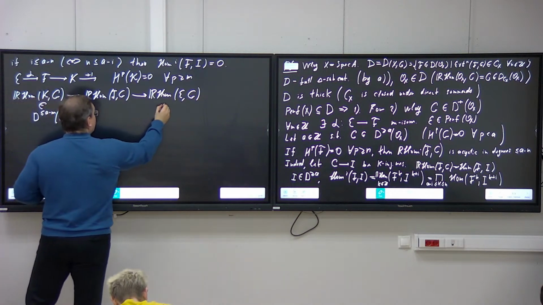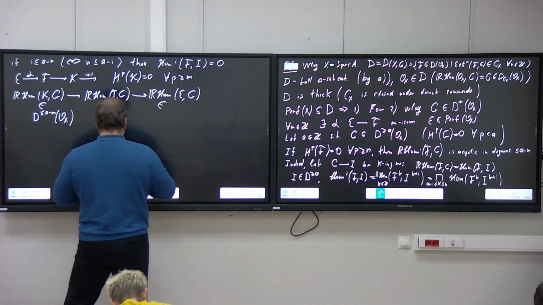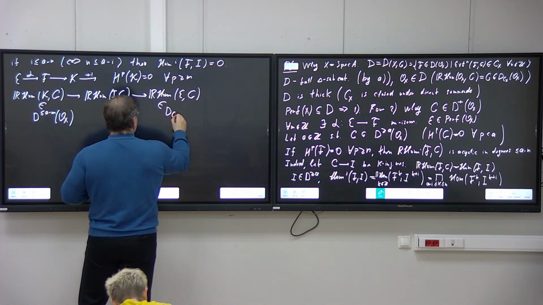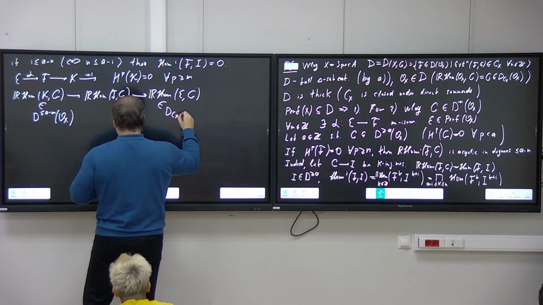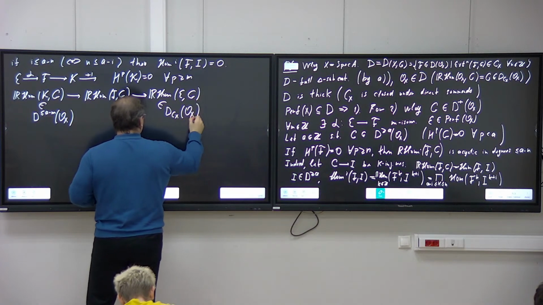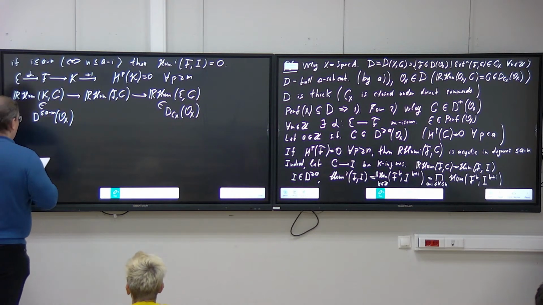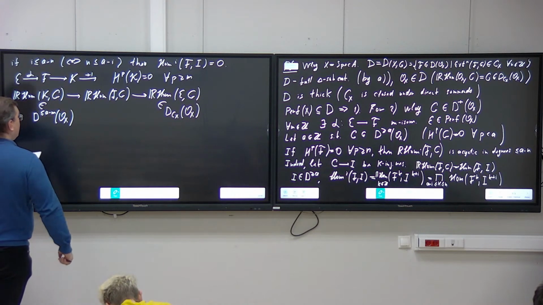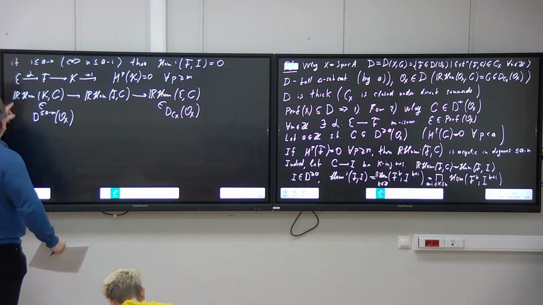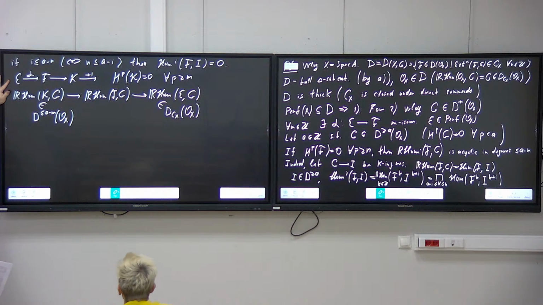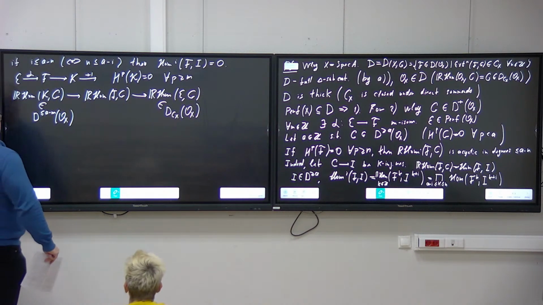And this term is in D_C(X), the C_X of all X. That is because the object E is assumed to be perfect, and for the perfect objects we already know this.